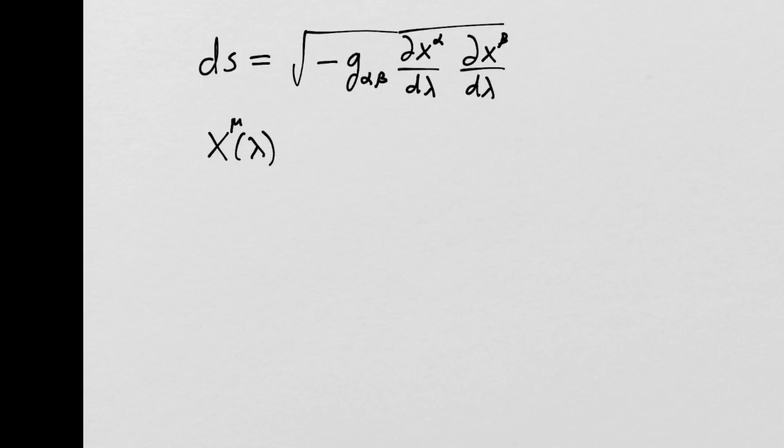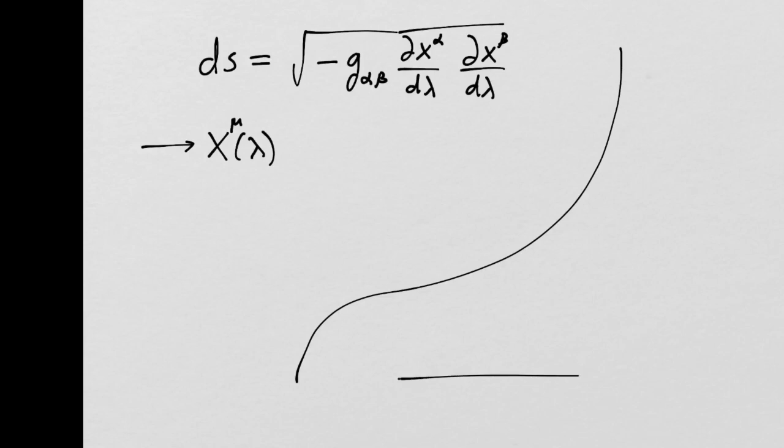Lambda is what we'll use. So our parameter will be lambda. But this is the curve in space-time. So that really is nothing different than the way we've been doing things before. Here we have lambda along this little real axis of just a real number lambda, and then the map into space-time is given by x mu of lambda.